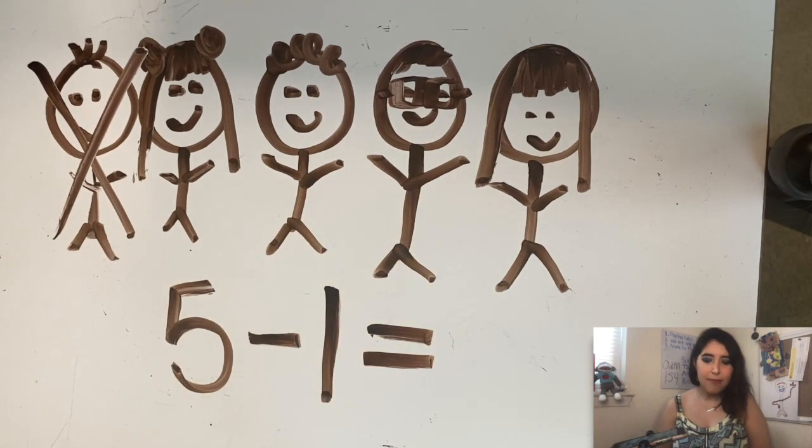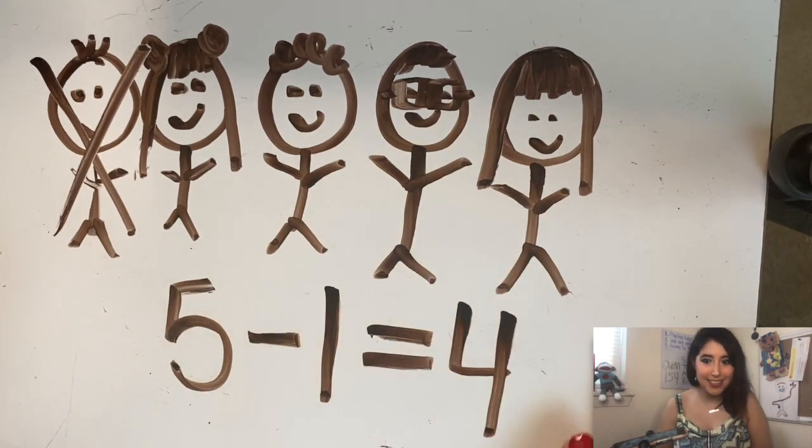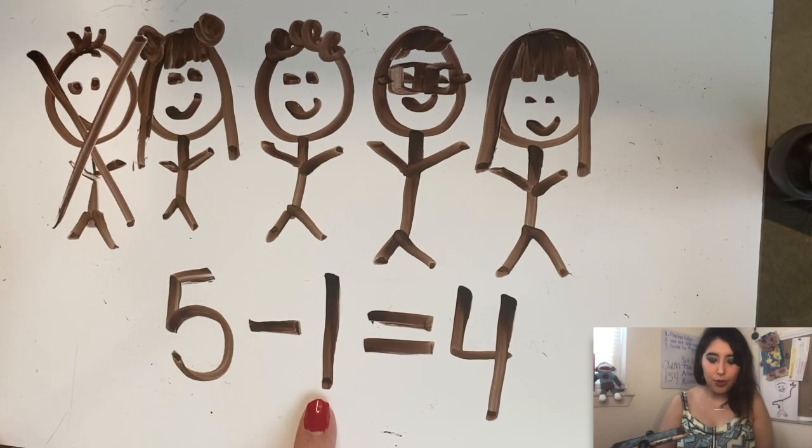Equals. 5 minus 1 equals, how many kids are still playing in the playground? 4. Very good. Let's read the number sentence. Get ready. 5 minus 1 equals 4.